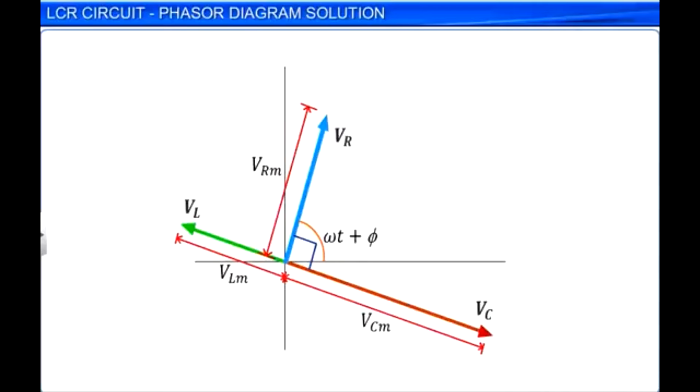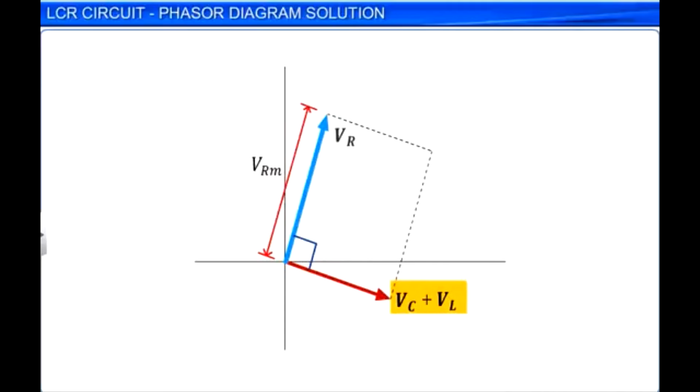Hence, the phasors VL and VC lie on a line perpendicular to VR, but in directions opposite to each other. Considering the directions of VC and VL on the phasor diagram, we can obtain a single phasor for VC plus VL with the magnitude of VCM minus VLM.